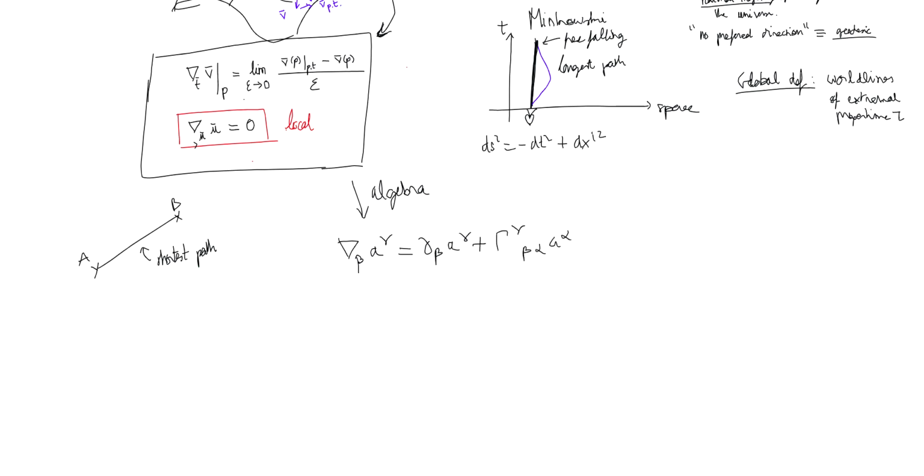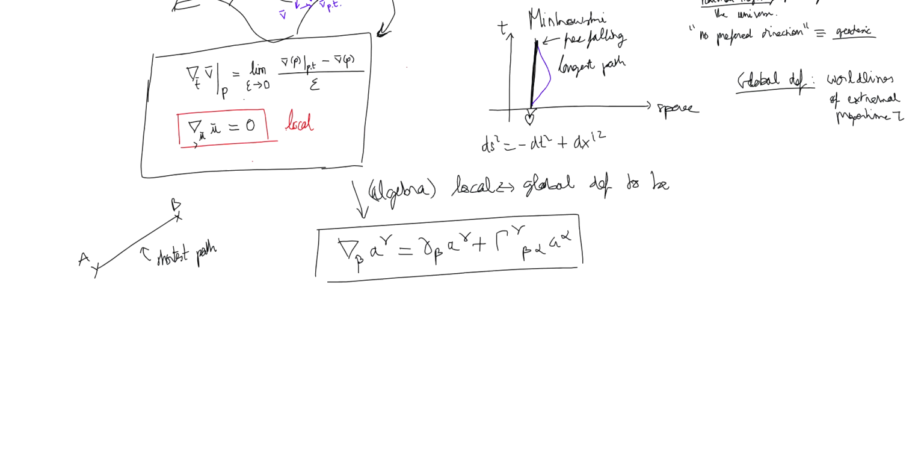You can write this if you work out some algebra and you want the local and global definitions to be consistent. So if you do some comparison, you end up with this general definition of covariant derivative.